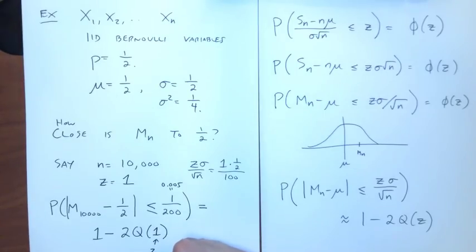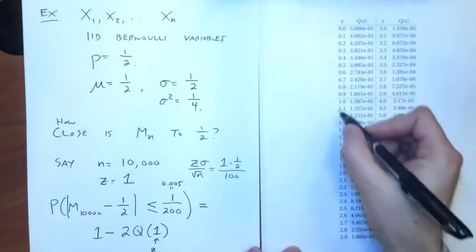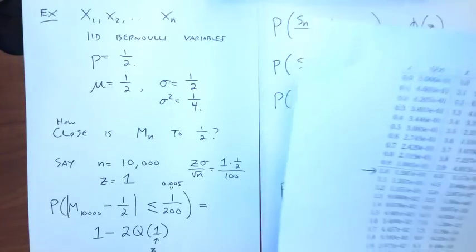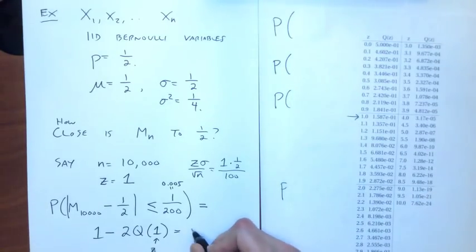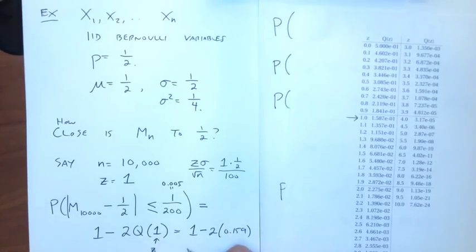This is the z that I chose. If I look in my Q table, Q of 1 is about 0.159, so that's approximately 1 minus 2 times 0.159, which equals 0.682.